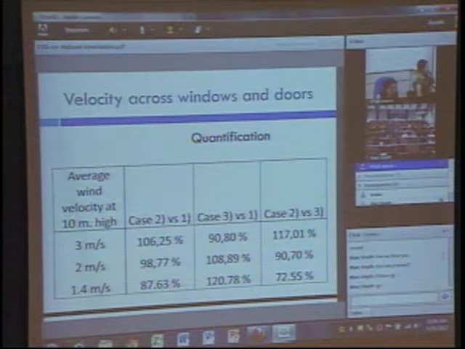But what happens when the velocity changes? In this case, we have considered three possibilities of medium velocities with different exponential considerations. A medium velocity of 1.4 meters per second, 2 meters per second, or 3 meters per second. Why is this possible?